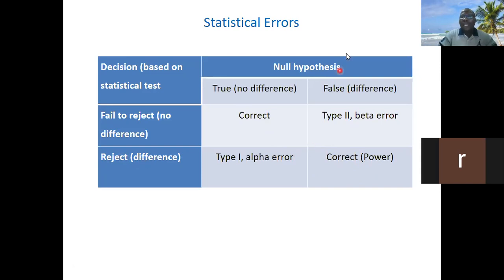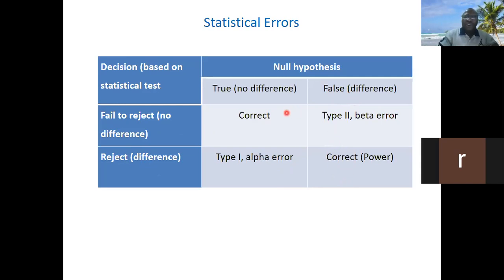You reject when the null hypothesis is false. That is correct, because there's a difference and your study sees that. So that is the power of the study: the ability to find the difference if it exists. The difference exists naturally, only God knows, and your study was able to get it. Power is the ability to detect the difference if it's there.